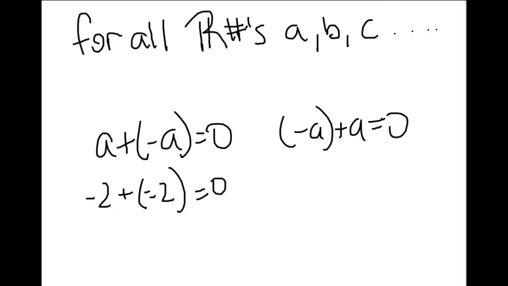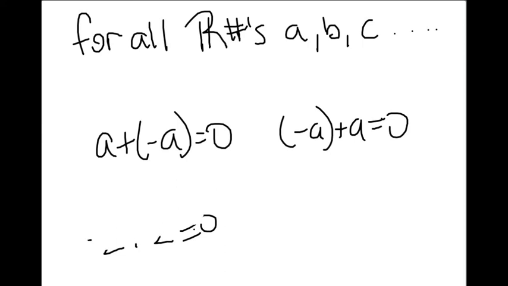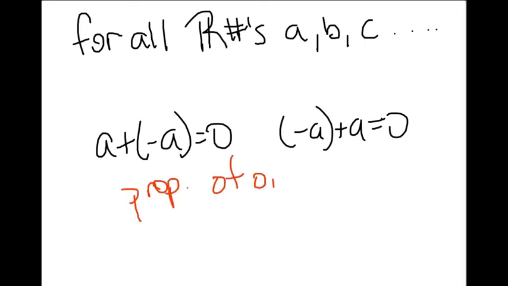Well, that's negative 2. What's the opposite of negative 2? Positive 2. And what's negative 2 plus 2? 0. So we call this property that says if I add the opposite, I'm going to get 0, the property of opposites.